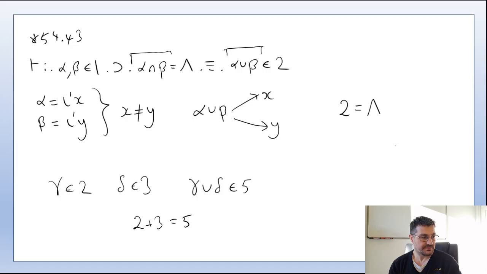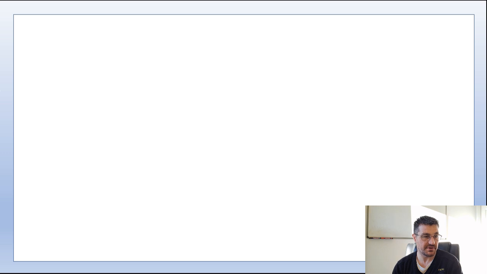Okay, so let's have a talk about how Whitehead and Russell define the concept of cardinal number in Principia Mathematica, because this is quite tricky.